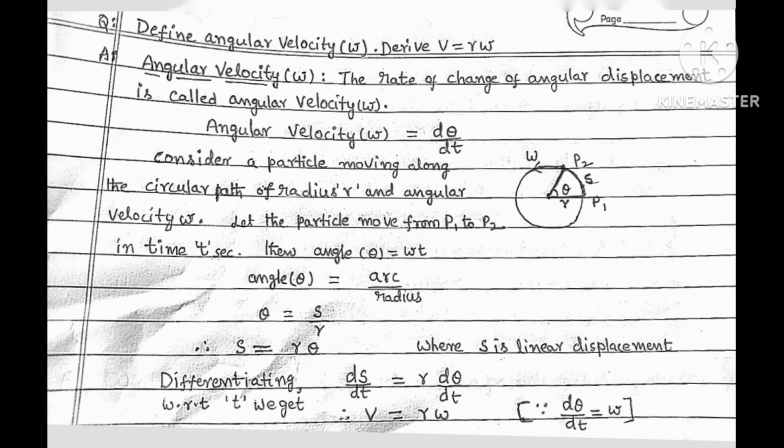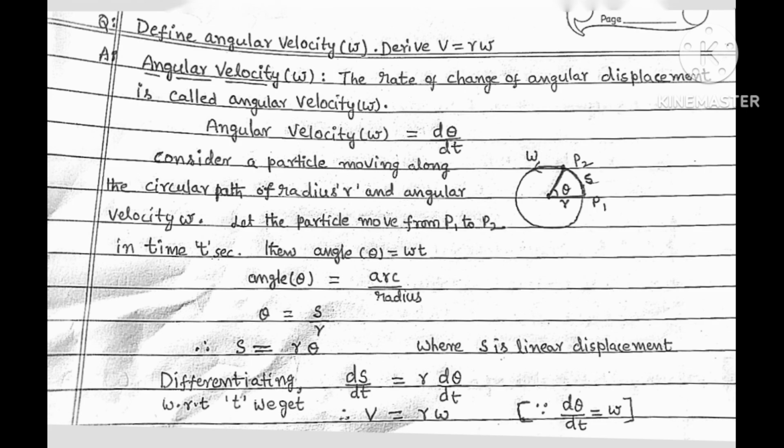The question we are going to discuss is: define angular velocity, derive v is equal to r omega. Angular velocity omega: the rate of change of angular displacement is called angular velocity. Angular velocity omega equal to d theta by dt.